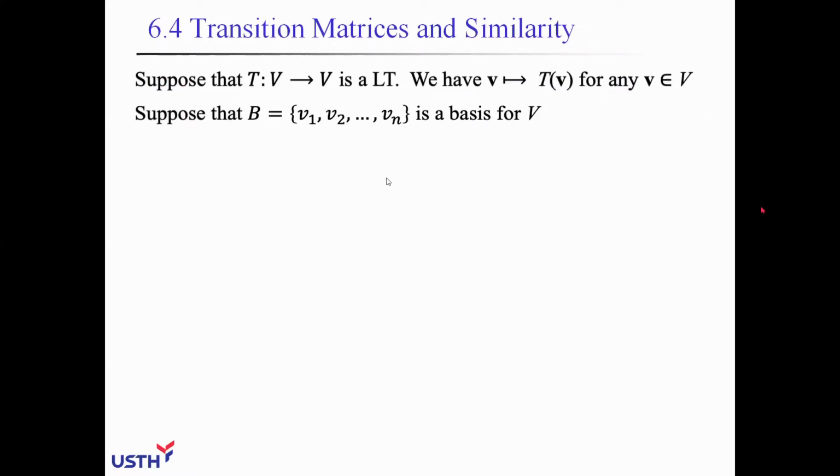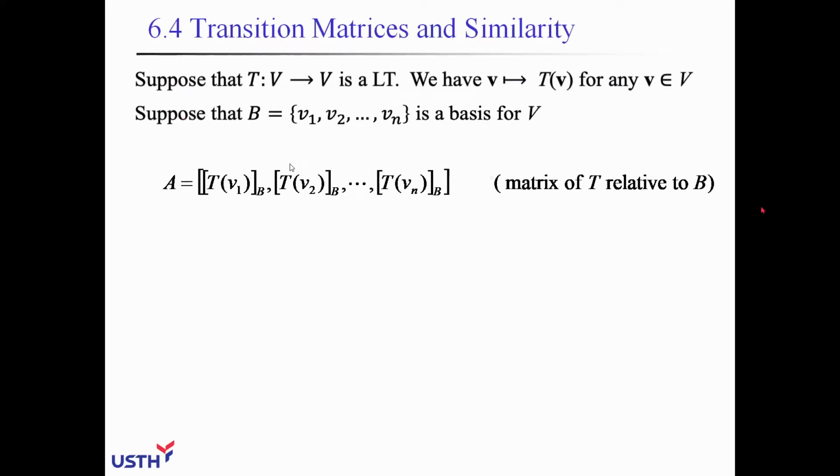Suppose that we have B is a basis for V, and with that, as I told you before the break, we have a matrix of T relative to the basis B, because we choose B on both sides, on the domain and codomain, and T is a linear transformation from V into itself.